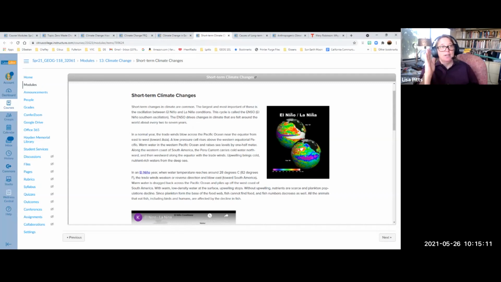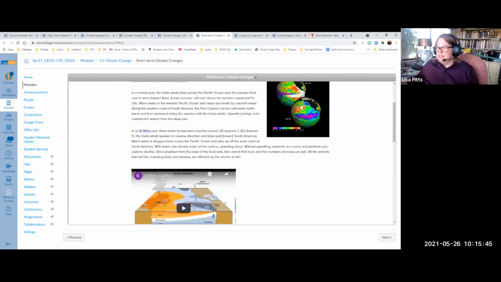If climate is, over 10 years or over 100 years, what the weather has been like, taking all of the weather and averaging it over 10 years, at what point do we say we're no longer in a Mediterranean climate and that California is not in a drought, it's just now in a semi-arid region, right? At what point do we start redefining the climate on the planet so that it's better reflective of what's actually been happening over the last 20, 30, 40, 50 years, right? But that was an interesting idea that I just thought I'd bring up.